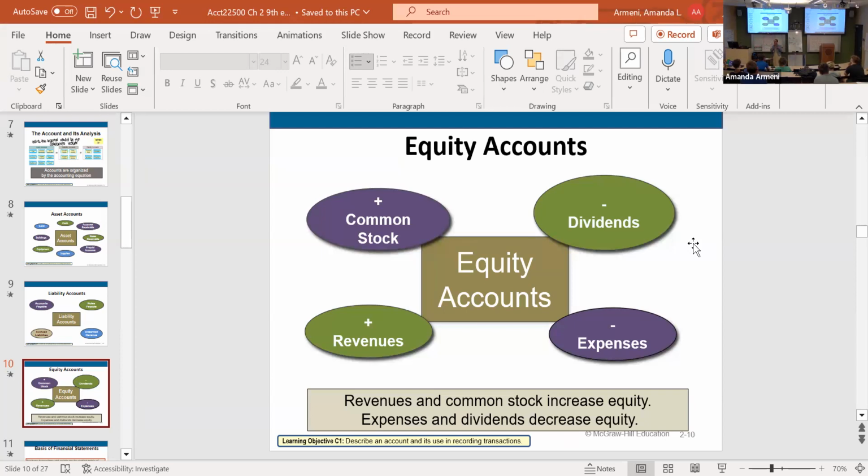But when it comes to this breakdown of the accounting equation, we typically refer to equity as the amount that the investors have given you and the amount of earnings that you've retained, right? Because remember, when we create our balance sheet, the equity section shows common stock and it shows our retained earnings.